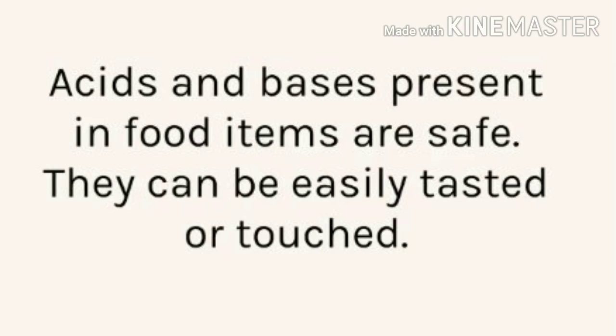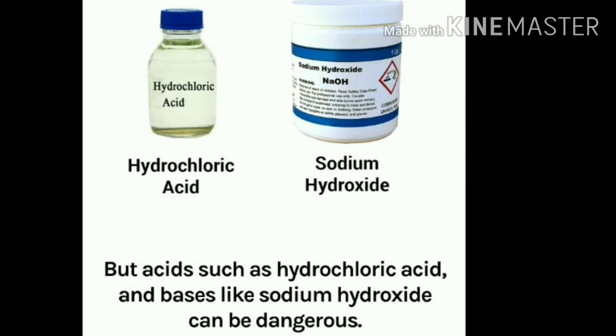Acids and bases present in food items are safe. They can be easily tasted or touched. So we are eating the food items, so they are very safe. But some acids such as hydrochloric acid and bases like sodium hydroxide can be dangerous. Although we are aware that acids have a sour taste and bases have a bitter taste, we are not able to identify each and every one by touching or eating because they are dangerous.